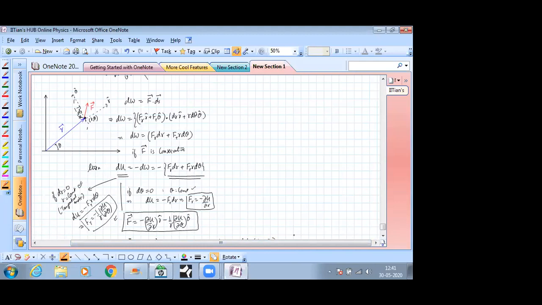You would have seen this relationship, for example, in the relationship between potential and field due to an electric dipole. The potential is given by p cos theta divided by r square. So you get the radial and tangential components of the electric field from that. This is how that formula actually comes.